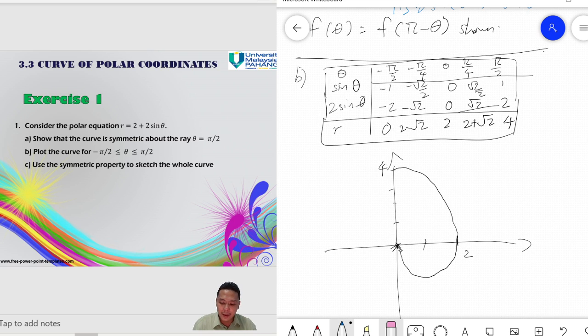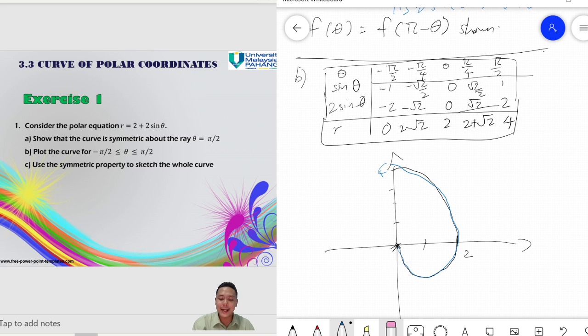Okay, let me draw in a different color. Oh, it became worse. Let me draw that again. I try to smooth the line there. Okay, this is the smoothest that I can get.